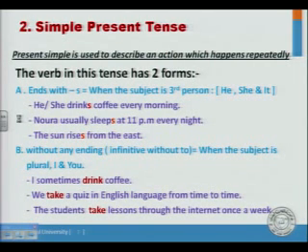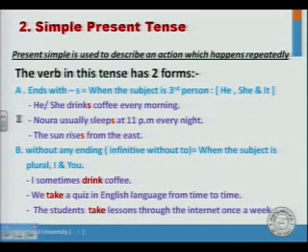The subject here is the first person singular subject I. Then we take. The next one, the students take. So all these subjects, because they are plural and not like he, she, it, take the verb without any ending.